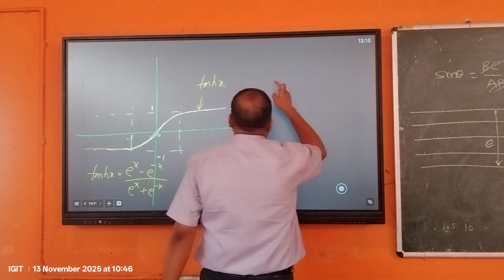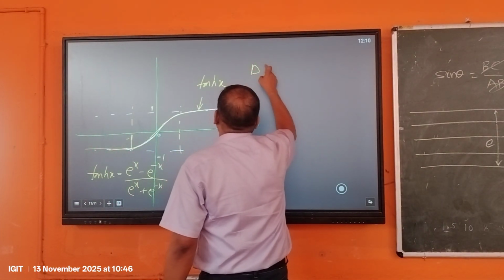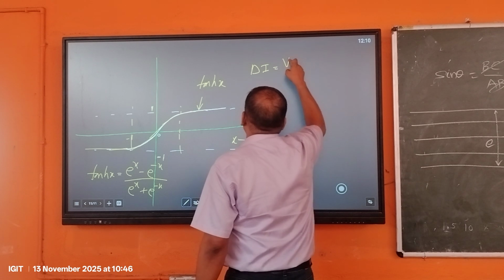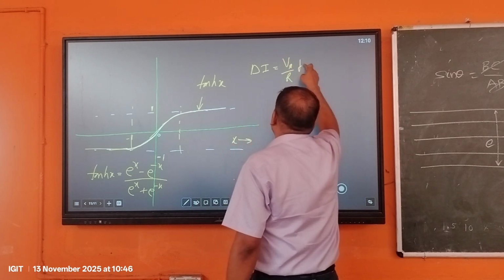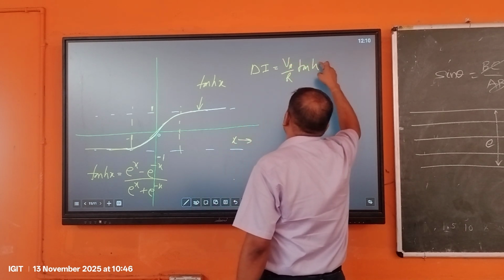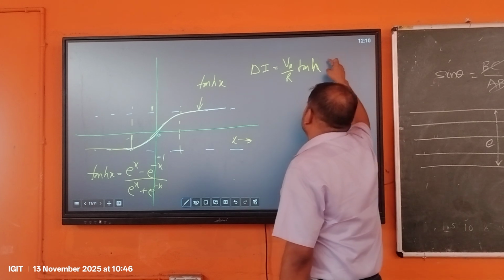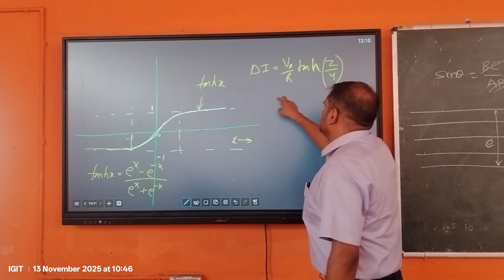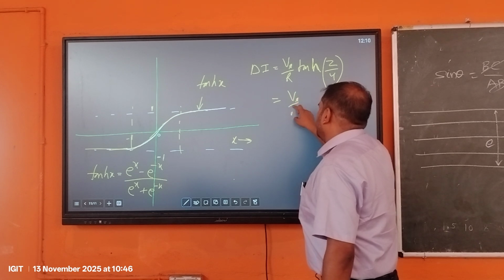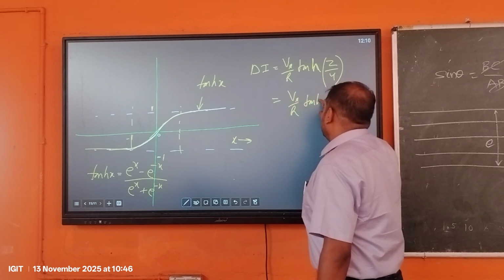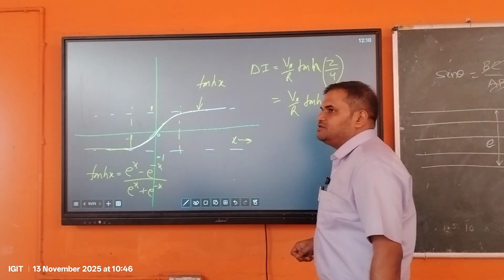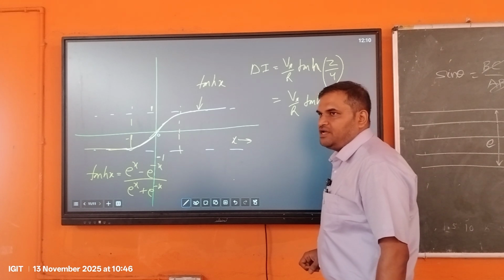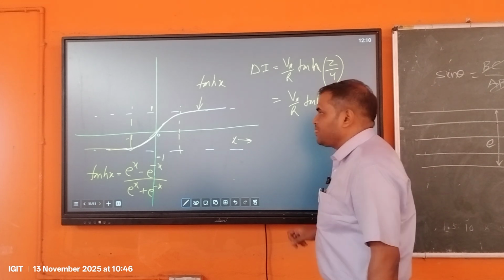So how much do we get the value of del I? Del I is equal to Vs by R tanh Z by 4. What is the value of Z? Let me write Z by 4. So that much is equal to Vs by R tanh. Z is equal to T by tau.